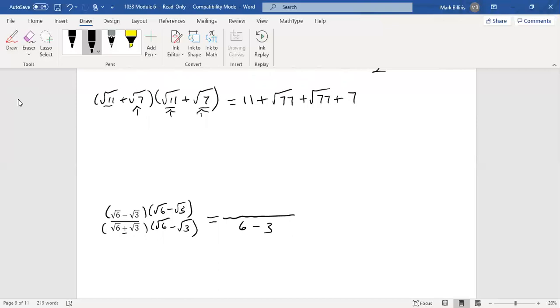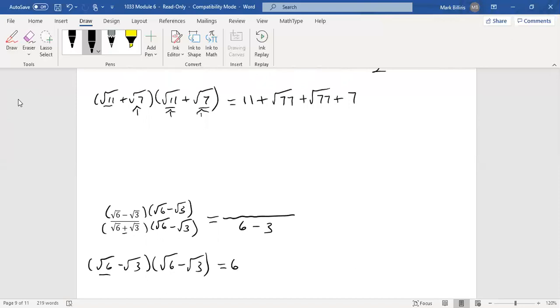So in the numerator, we need to follow through and use the distributive property. So I have square root of 6 minus the square root of 3 times itself. You're going to start by multiplying the square root of 6 times both terms in the parentheses to the right. So the square root of 6 times the square root of 6 is 6.